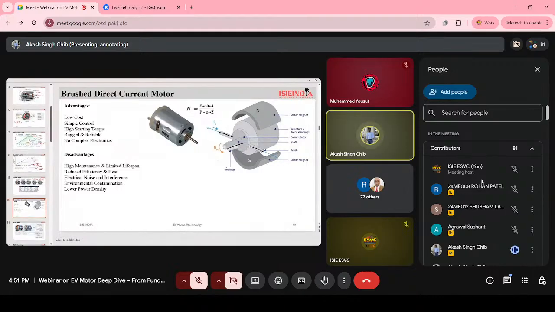So now see the construction here. We have bearings in this motor. In the previous slides, you have seen the magnets were inside the rotor. But in this brushed direct current motor, we have fixed stator magnets. In the stator, the fixed static part, we have magnets, and in the armature, here are the windings.